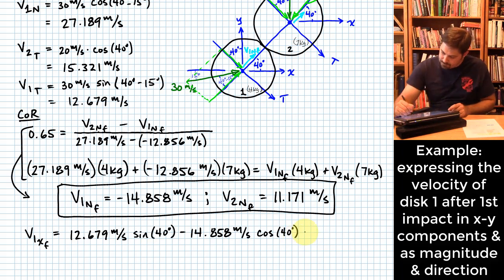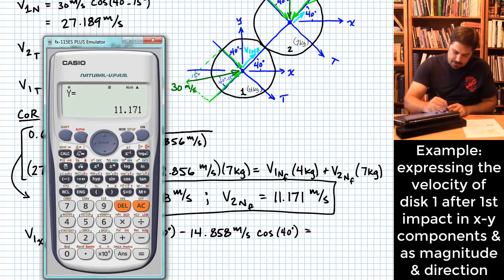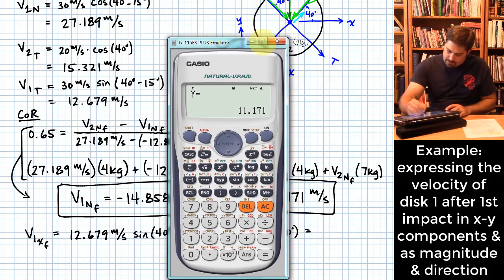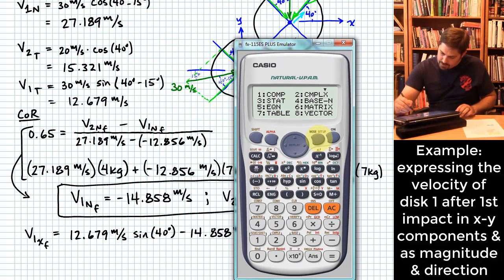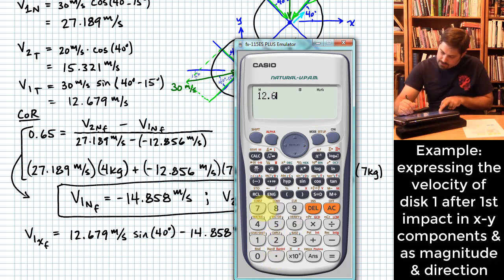Okay, so let me go ahead and punch those in real quick. 12.679 times the sine of 40 minus 14.858 times the cosine of 40.